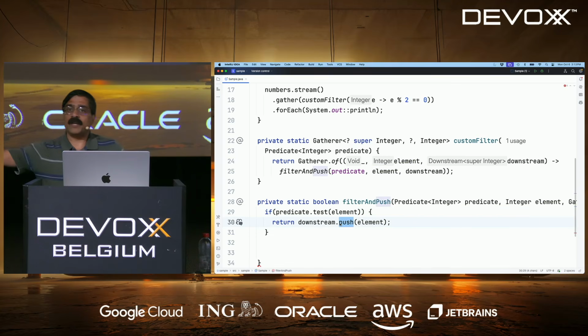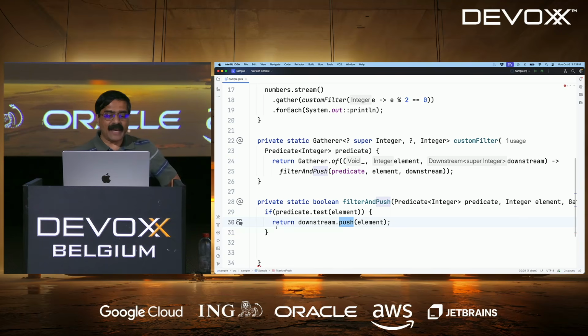And whatever the downstream tells you to do, take that and pass it to the stream above. However, if the element is not good enough, what should we return here? I'll give you a clue. True or false?